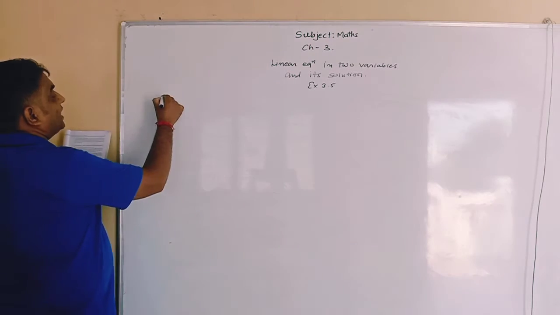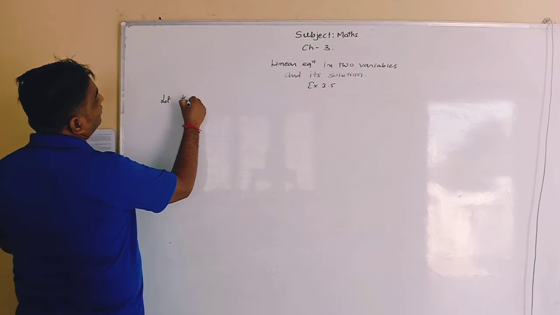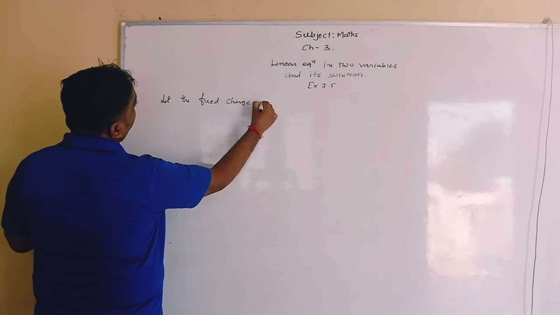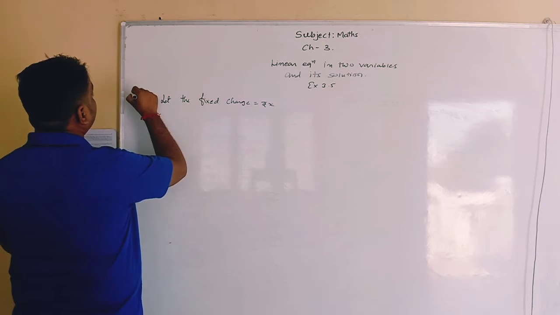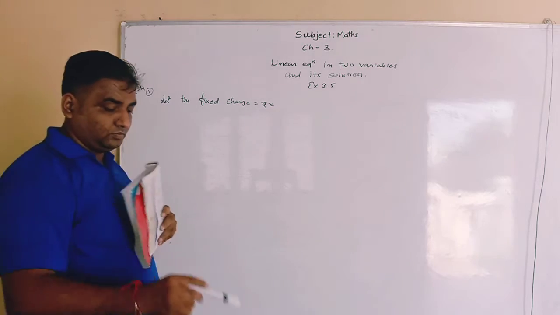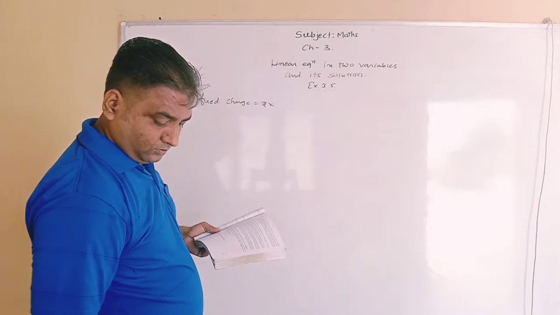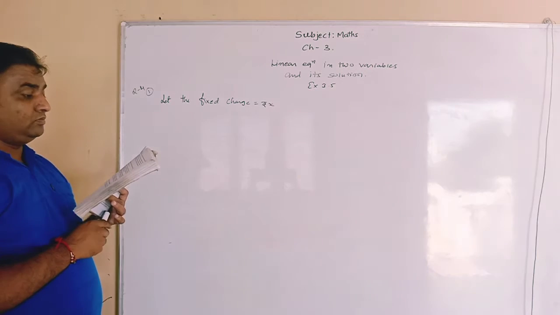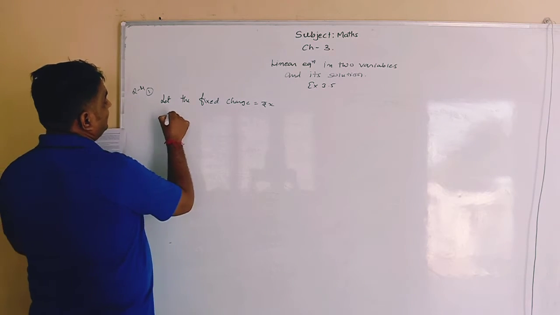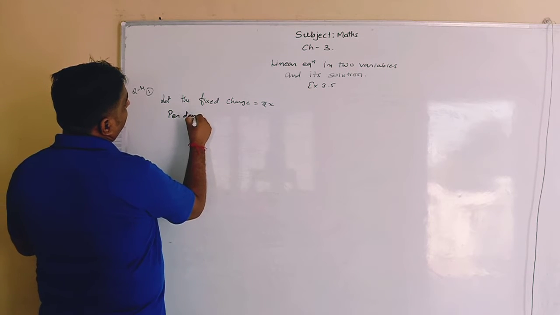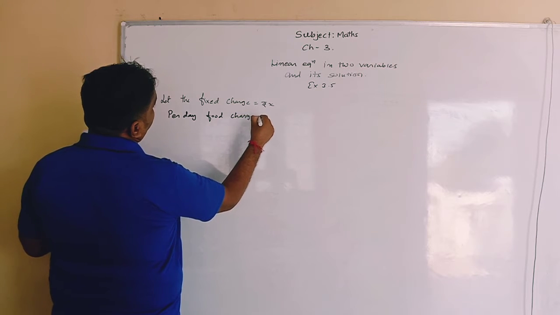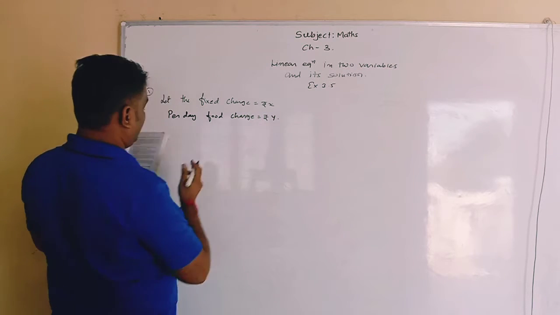So let the fixed charge be rupees x and the per day food charge be rupees y.